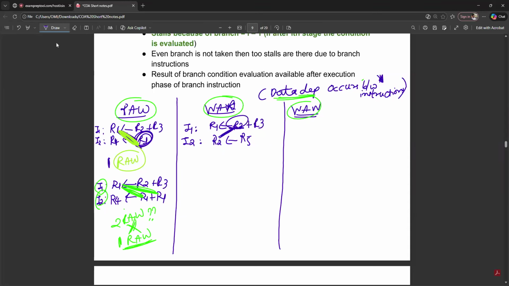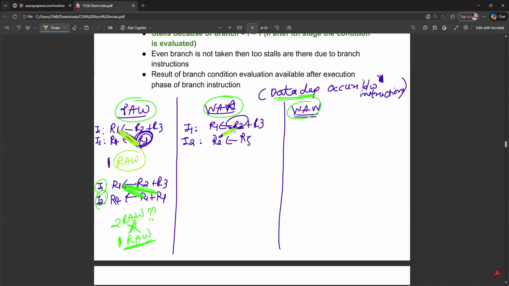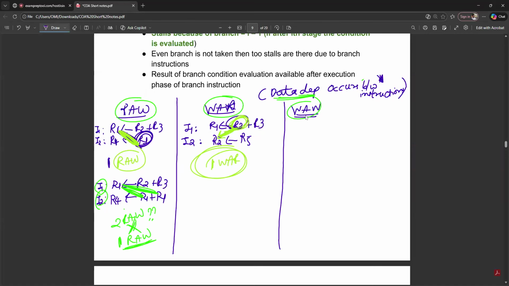So R2 has a dependency: you are first reading it, then writing it. So one WAR dependency. You have to check this way. Got it?